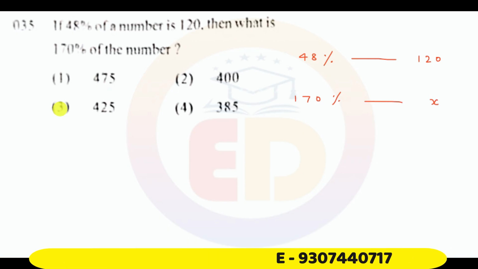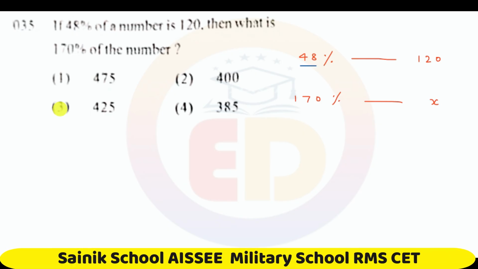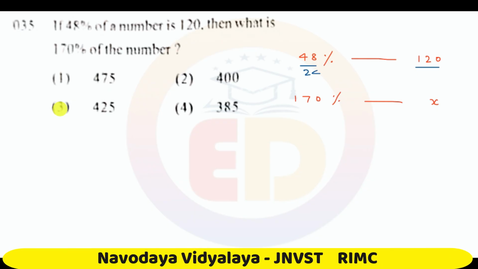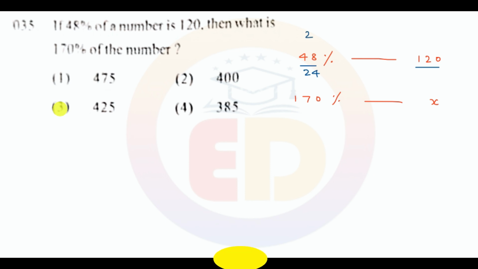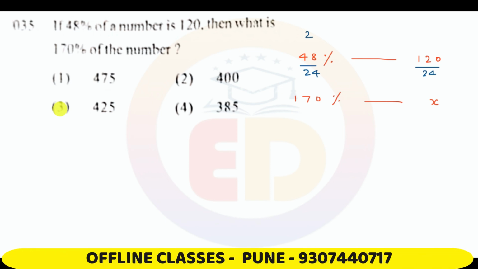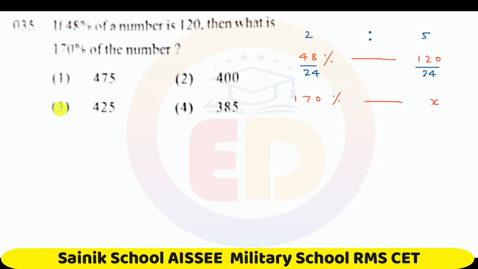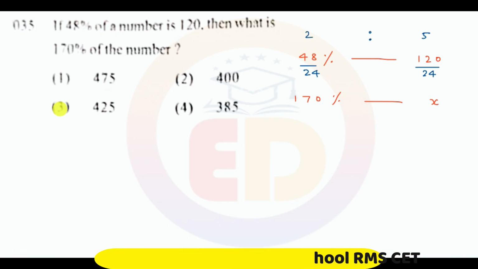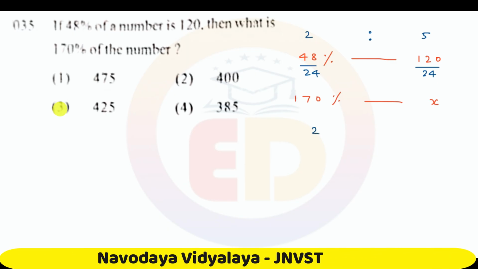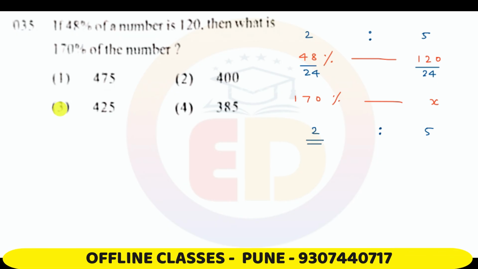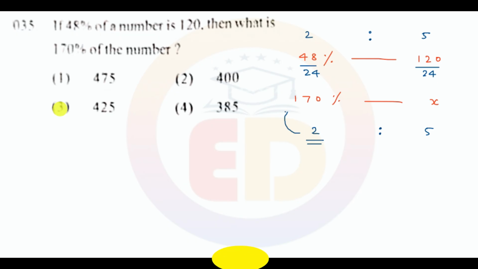Now you look at what is the ratio between 48 and 120. Converting them to the lowest term, divided by 24, 48 will be 2, and dividing 120 by 24, this will be 5. So the ratio is 2:5, and the same ratio will be applicable downwards also. This ratio will also be 2:5. Now the value of 2 is actually converted to 170.